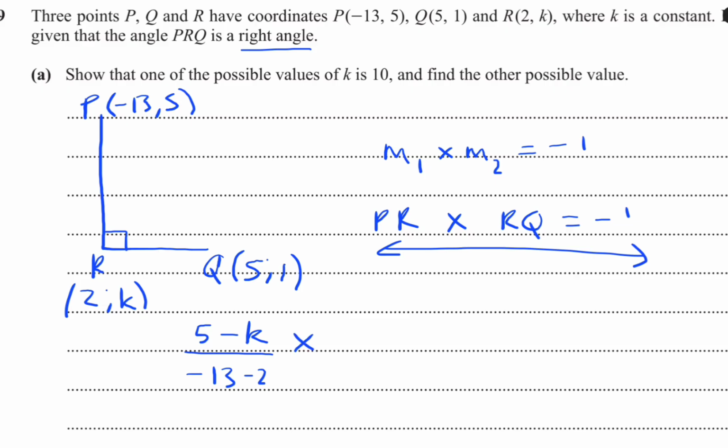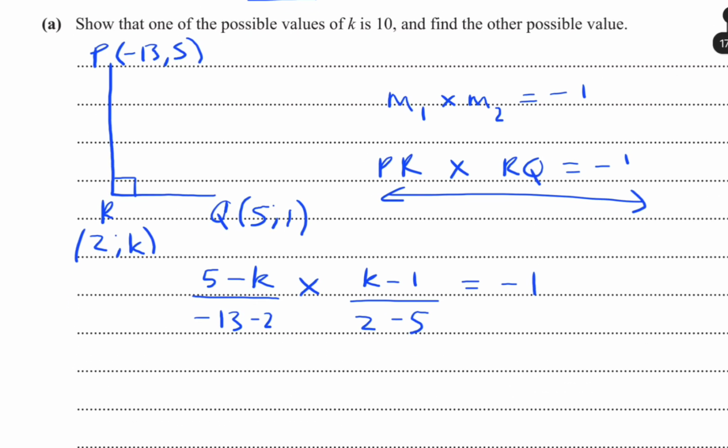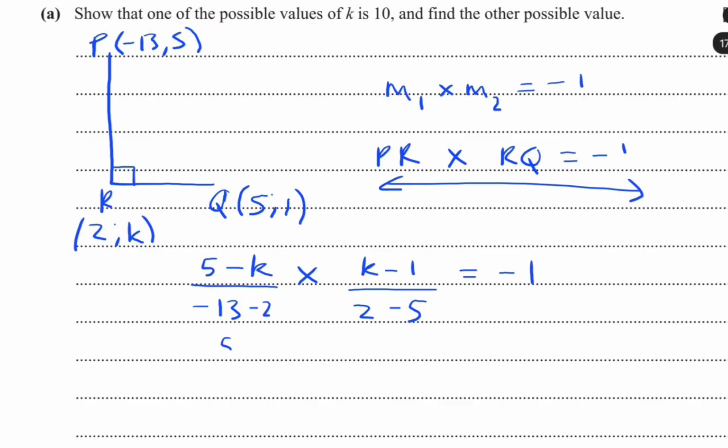And we're going to multiply that by the gradient of RQ, which is K minus 1 over 2 minus 5. And the result should be minus 1. So this will be (5 minus K) over minus 15 times (K minus 1) over minus 3 equals minus 1.